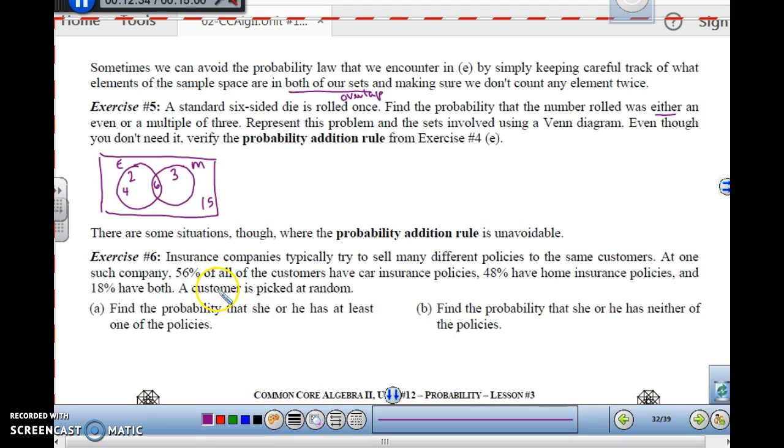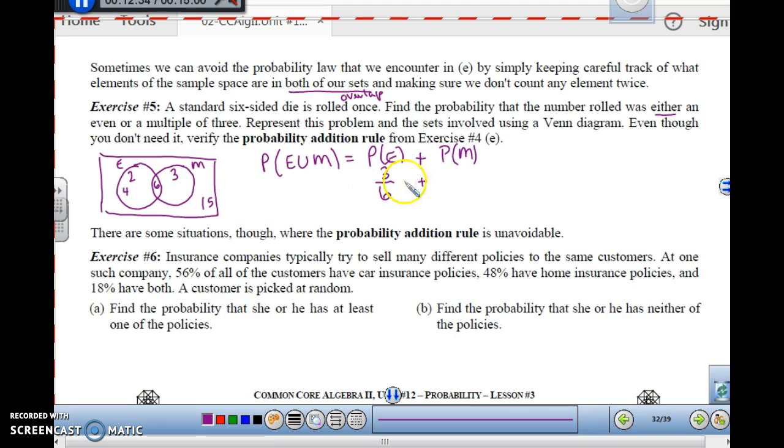So now that we know that, we should be able to find the probability that it's either even or a multiple of 3. All right, so we want to figure out the probability of even or a multiple of 3. The probability of being even is how many? How many do we have that are even? It would be 3 out of 6. Okay, what's the probability of a multiple of 3?